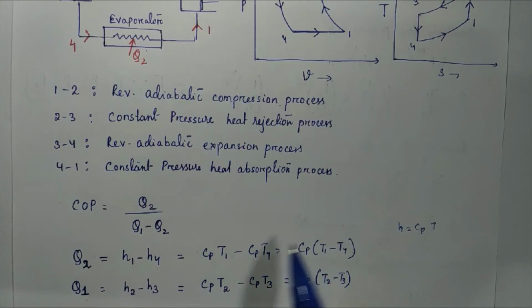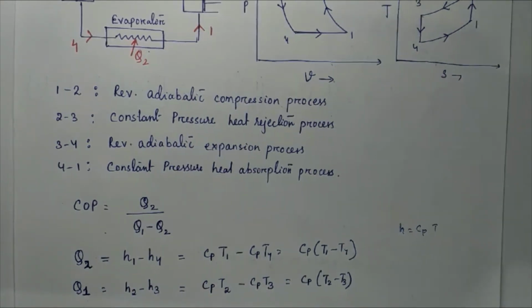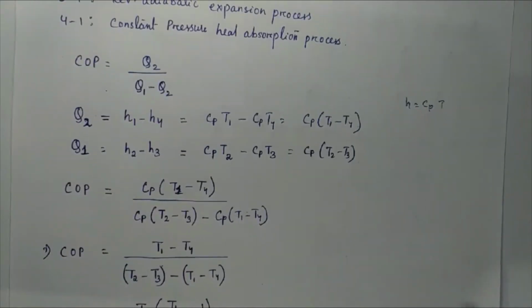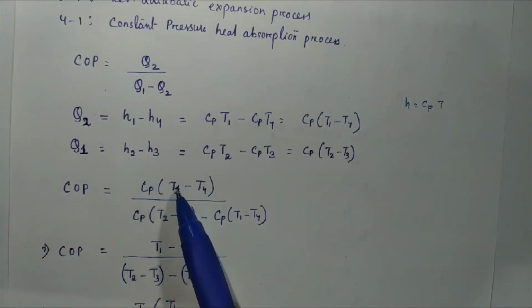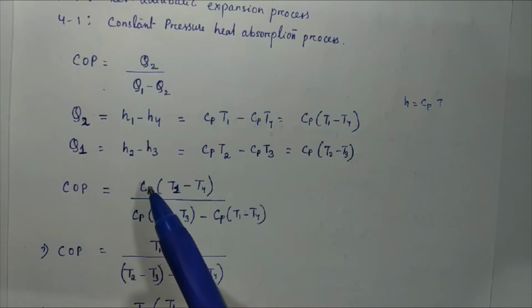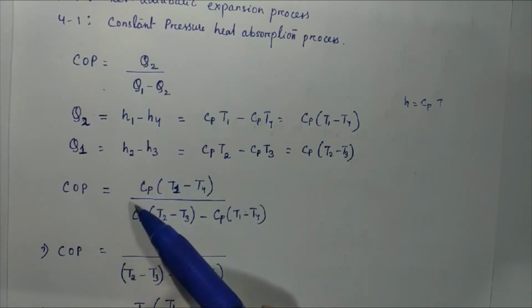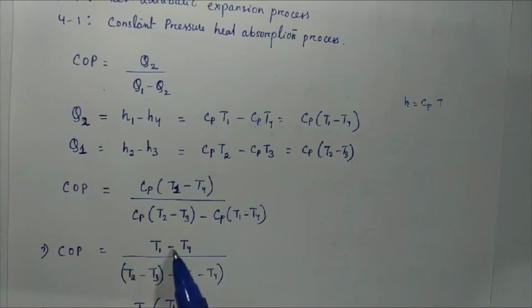We substitute the values of Q2 and Q1 in the expression of COP, that is Q2 by (Q1 minus Q2). Now we substitute the values of Q2 and Q1 here, and Cp is the common term which cancels from both the numerator and denominator, and it becomes (T1 minus T4) by (T2 minus T3) minus (T1 minus T4).